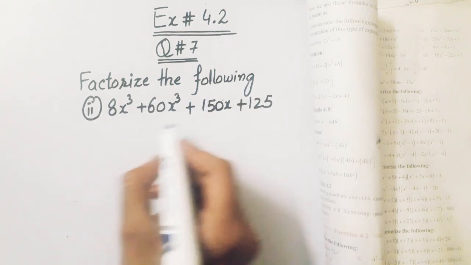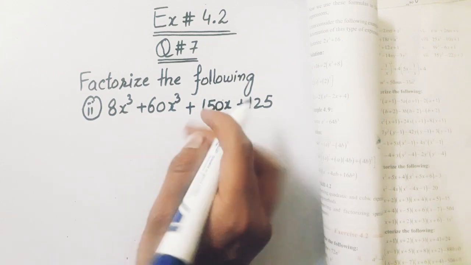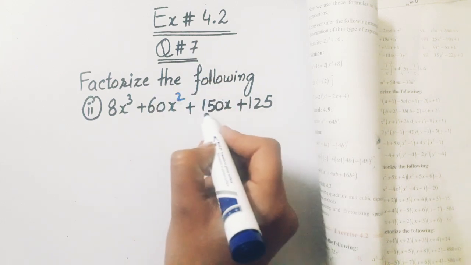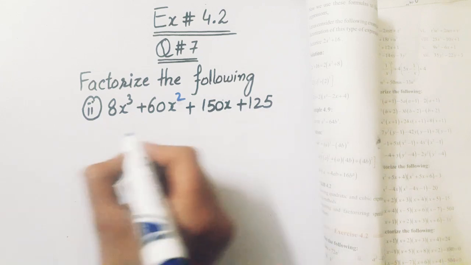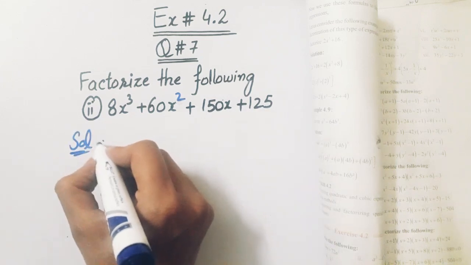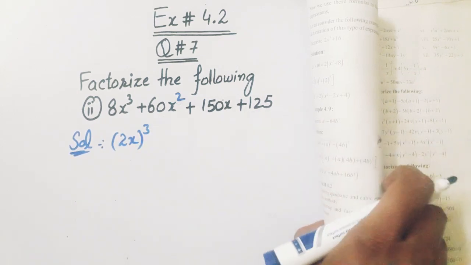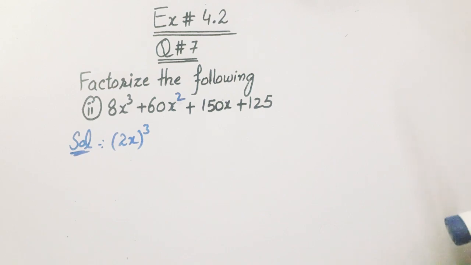Now question number 7 part 2 is 8x cube plus 60x square plus 150x plus 125. We can write 8x cube as 2x whole cube and 125 as 5 cube.